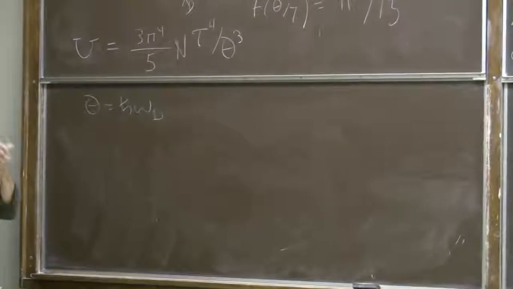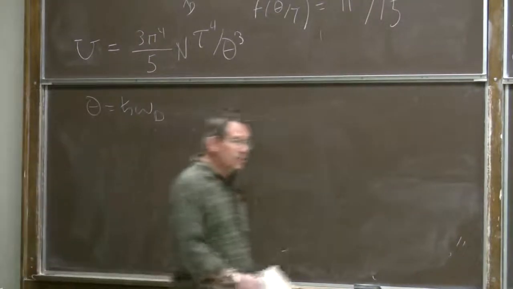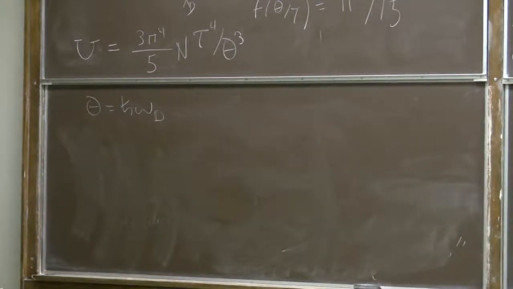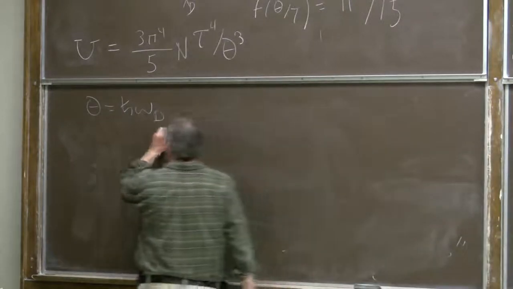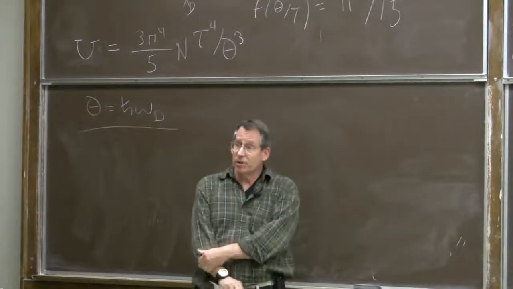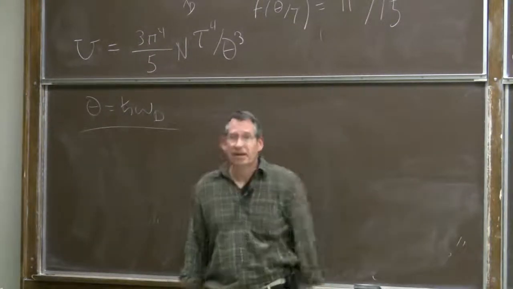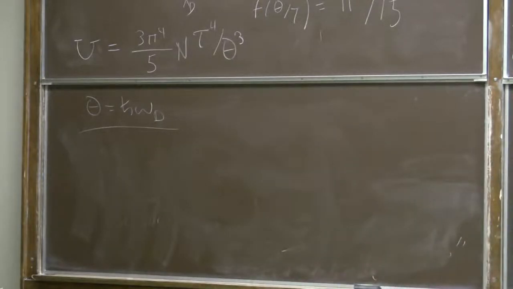It's the energy of the frequency at the cutoff, the highest frequency mode, the shortest wavelength mode. And if the temperature is low, that means that these high frequency modes are rarely occupied, because their occupation probability is exponentially suppressed by the Boltzmann factor. So whether they're there or not doesn't even matter. I could have an infinite number of them, but they give a negligible contribution to the total energy because they have exponentially small probability of being occupied. So in the low temperature limit, the fact that there's really a cutoff on the wave number doesn't matter.